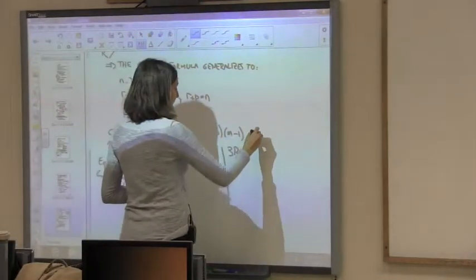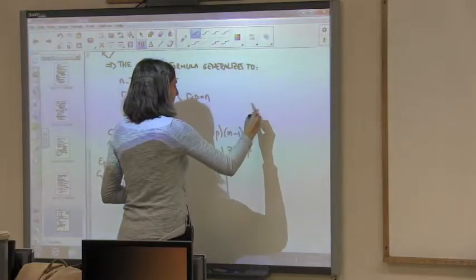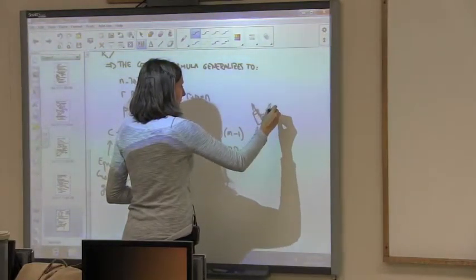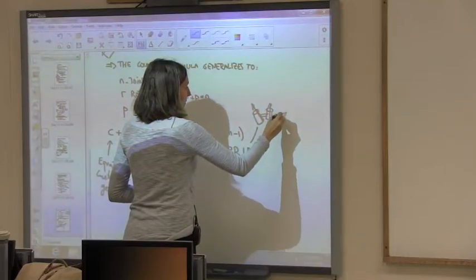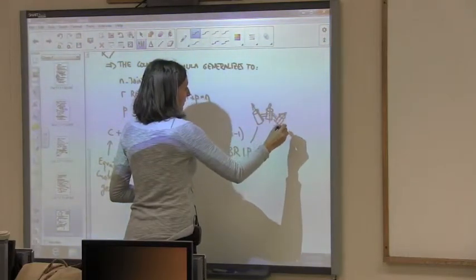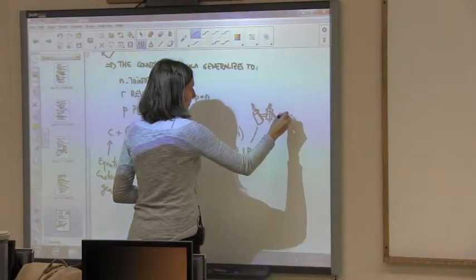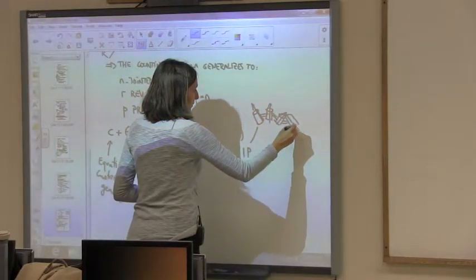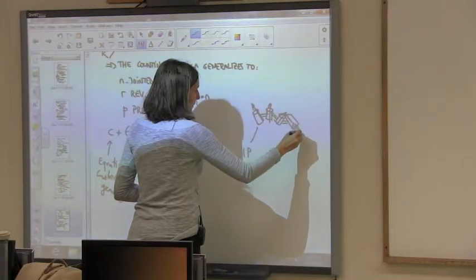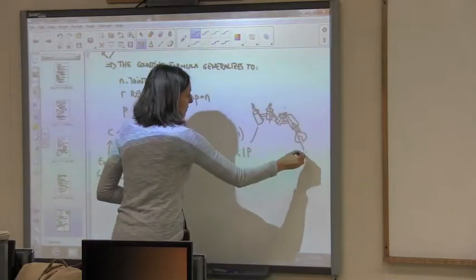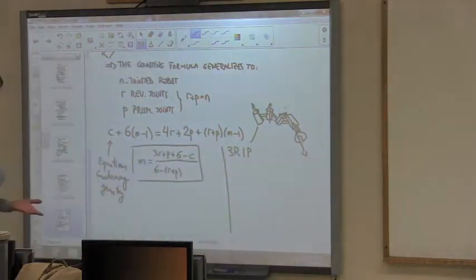So it is something like this: 1 revolute, 2 revolutes, 3 revolute joints, and then here we have 1 prismatic joint. And here is our end effector, okay? So this is the axis of our prismatic joint, 3R1P.